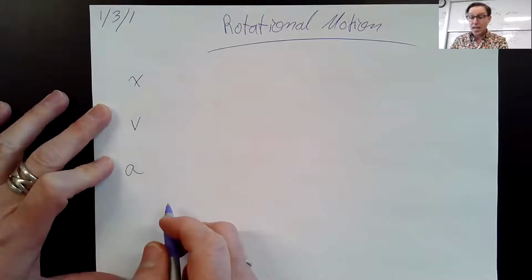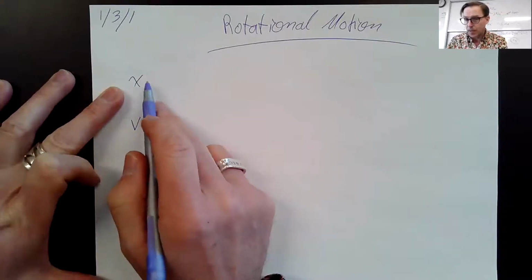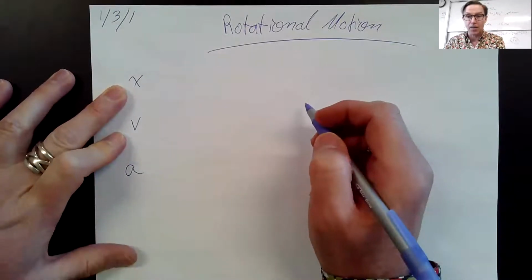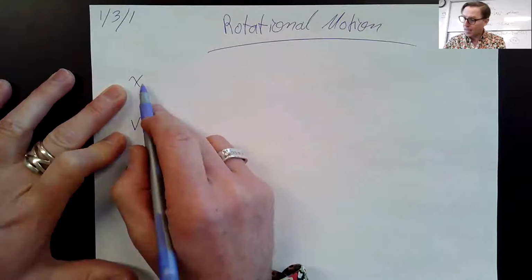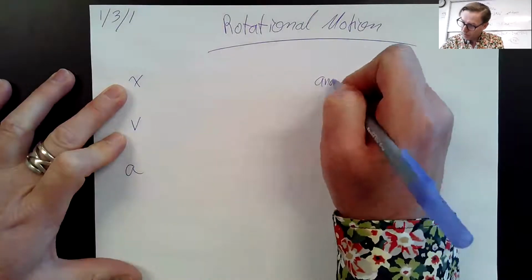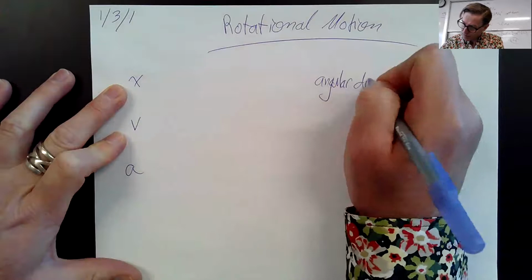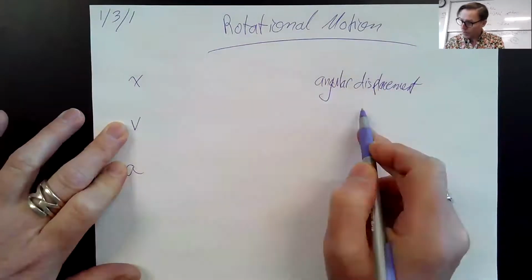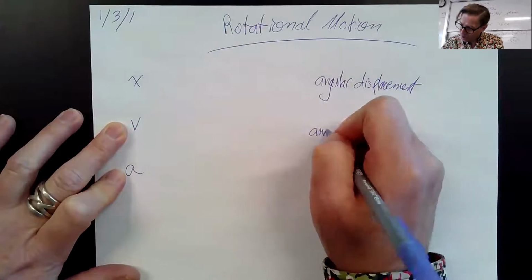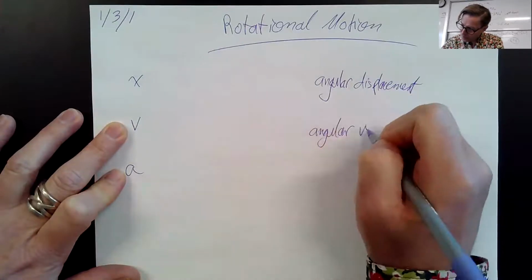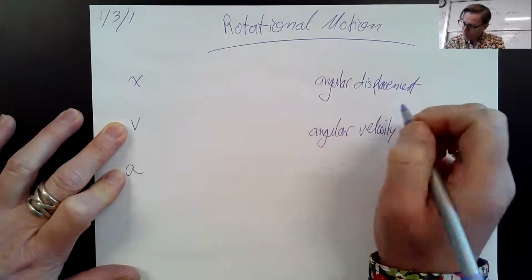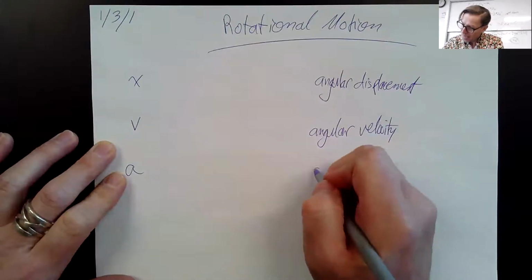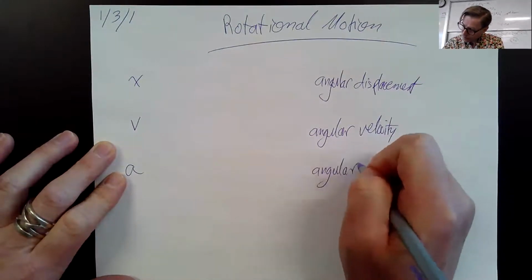And in rotational motion, displacement, velocity, acceleration, we're going to talk about angular displacement. This is velocity. So in rotational motion, we're going to talk about angular velocity. And you can probably guess now, since I'm just putting the word angular in front of these, if this is acceleration, we're going to talk about angular acceleration.